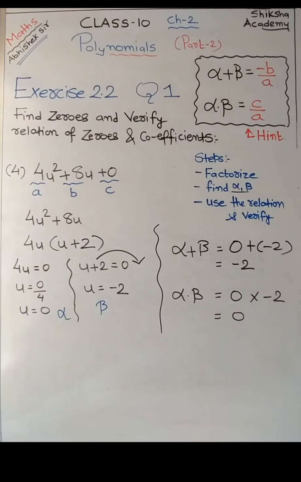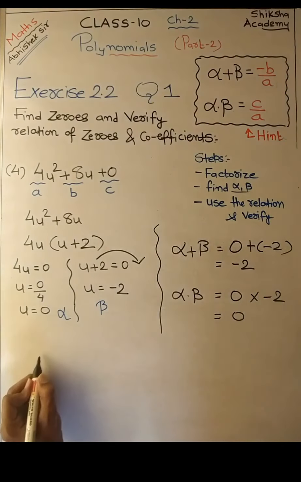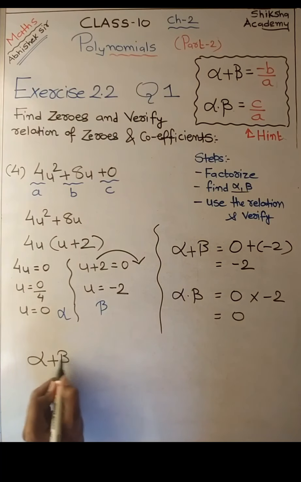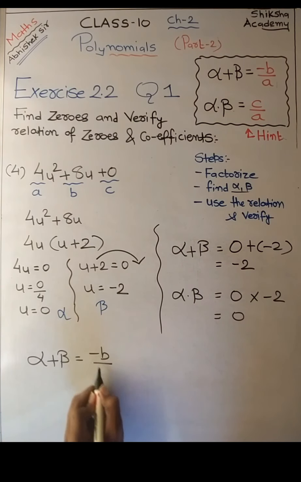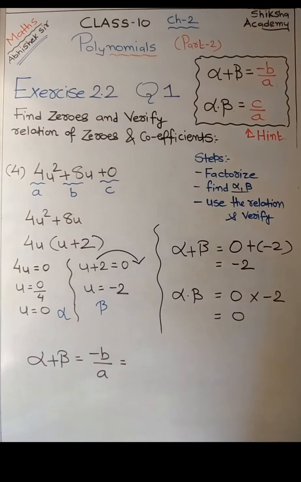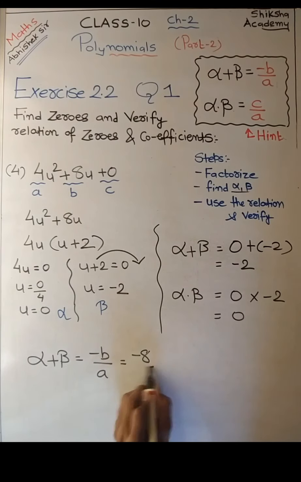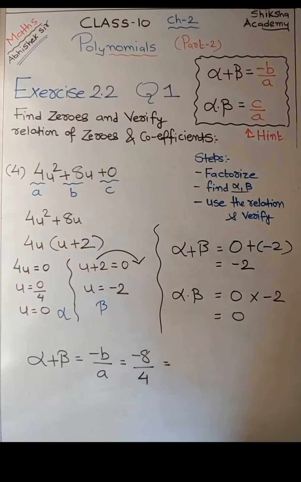Now let us try to verify it by relation. Alpha plus beta equals minus b by a. Here we have b as 8, minus b will be minus 8. A is 4, right? You can cancel by 4, 4 ones are 4, 4 into minus 2. So the answer of addition is minus 2.